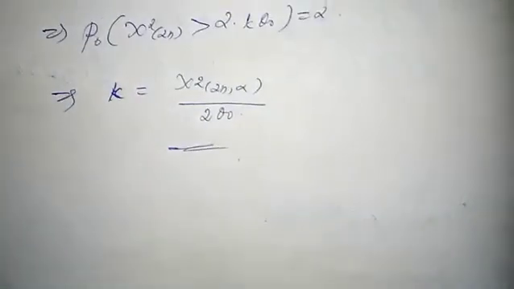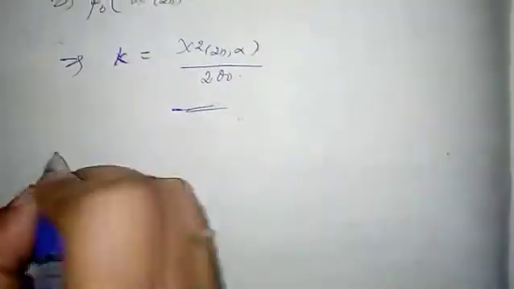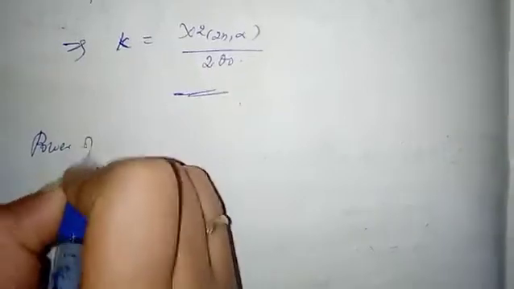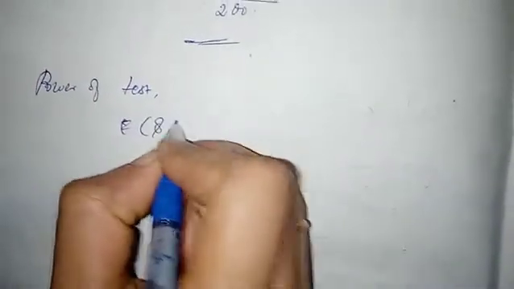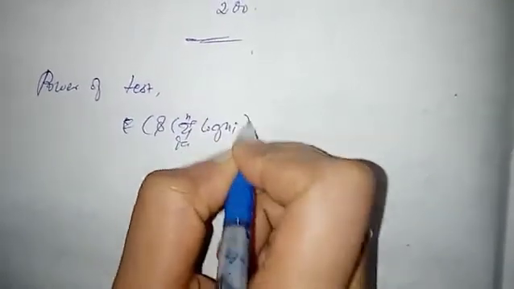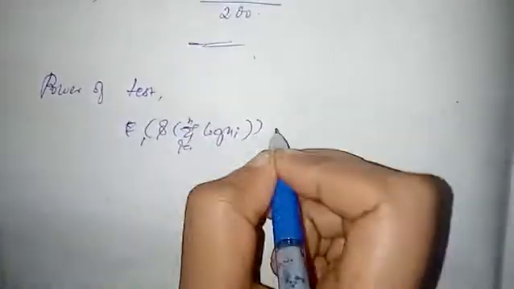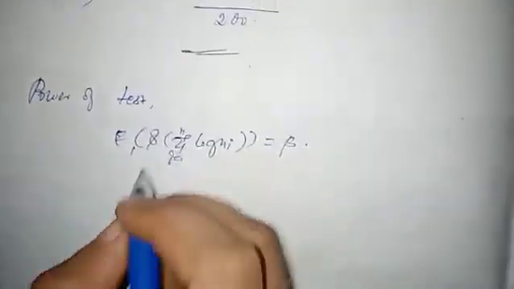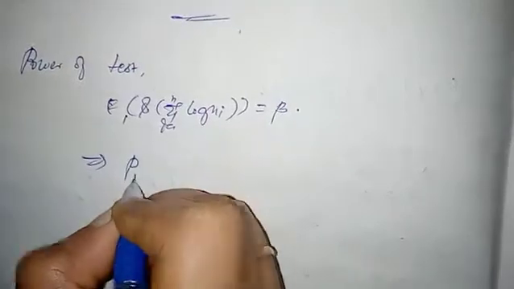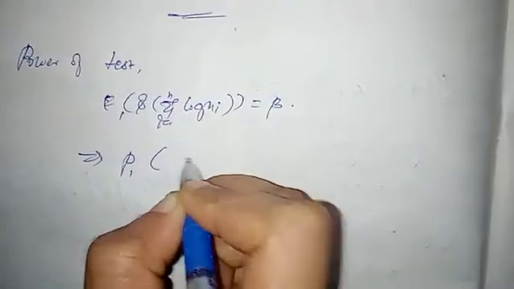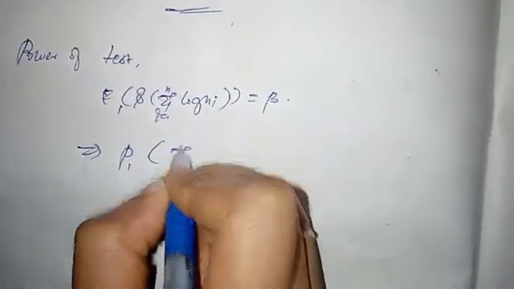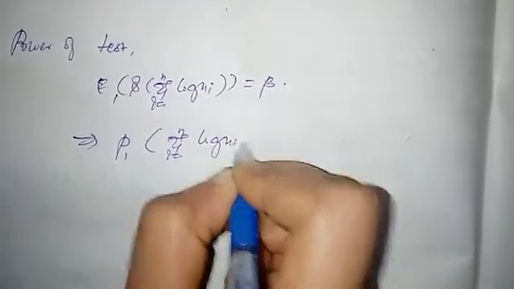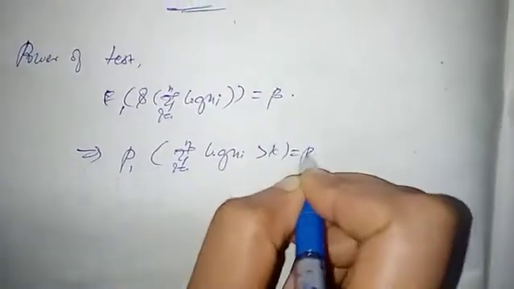Then using that we have to obtain the power of the test. Power of the test, that is the expectation of phi of summation i 1 to n log xi under h1, is equal to beta. Which implies the probability of summation i 1 to n log xi greater than k is equal to beta.